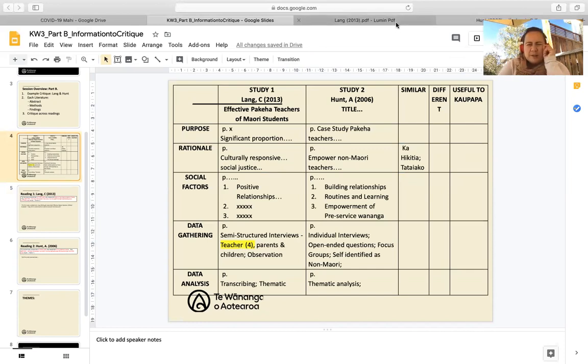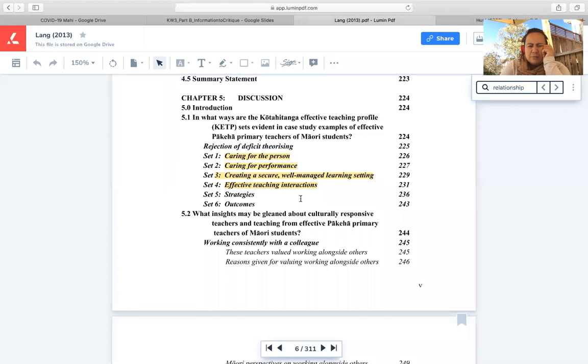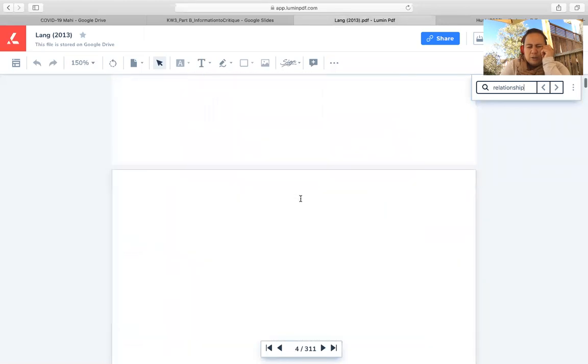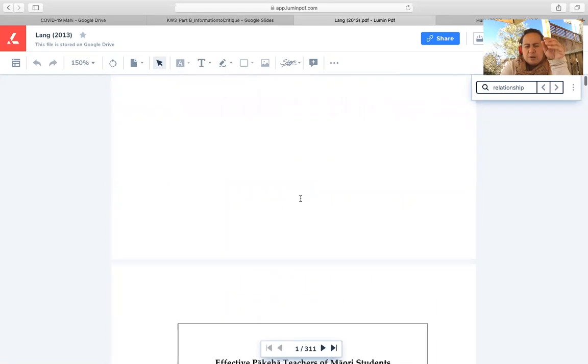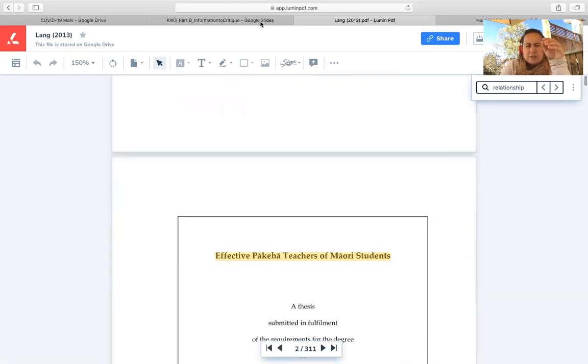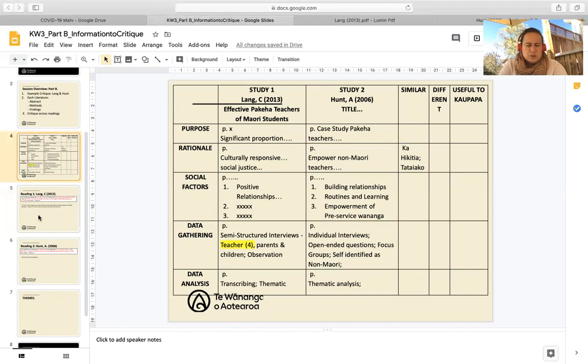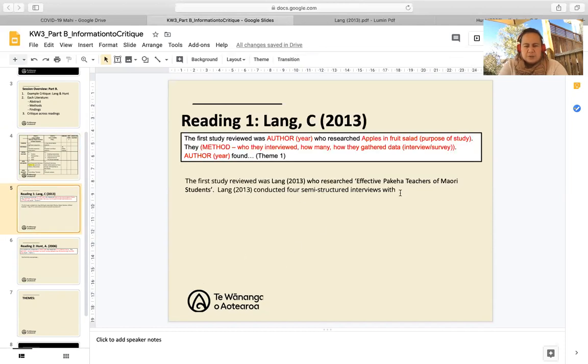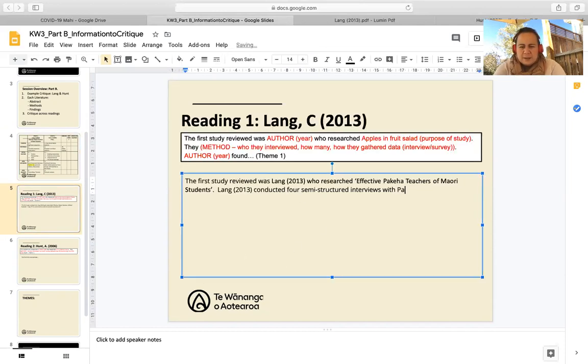Now again, I'm starting to think, but were they Pākehā? Well, they must have been. Or were they non-Māori? That's where I would need to go back and double check from the reading. So they had to be, anyway. Yeah, just to be sure. Conducted 4 semi-structured interviews with Pākehā teachers of Māori students.